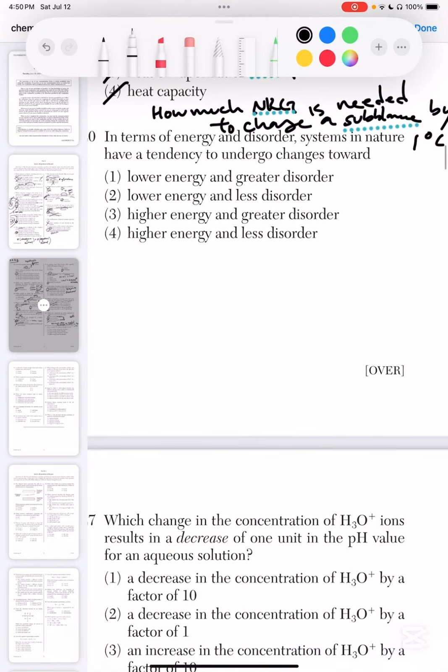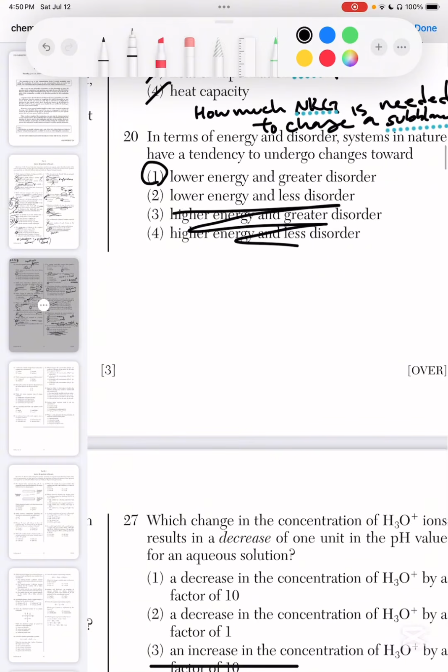In terms of energy change and disorder, systems in nature tend toward lower energy and higher entropy. This is just memorized in my head now, but conceptually, in terms of disorder, my teachers always taught this metaphor of entropy being your room.